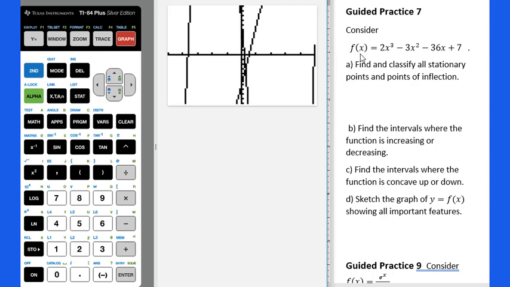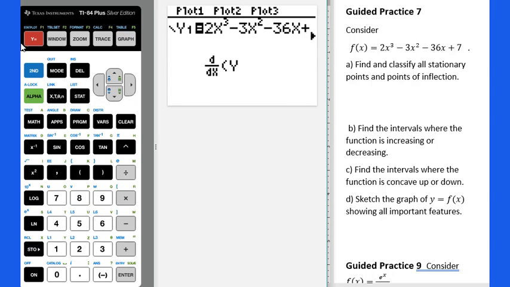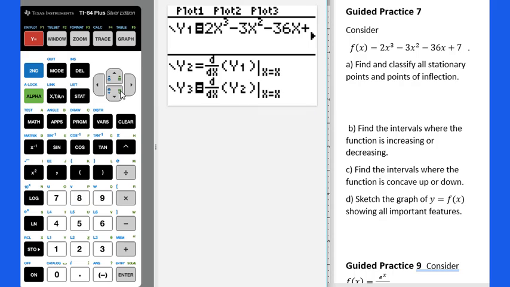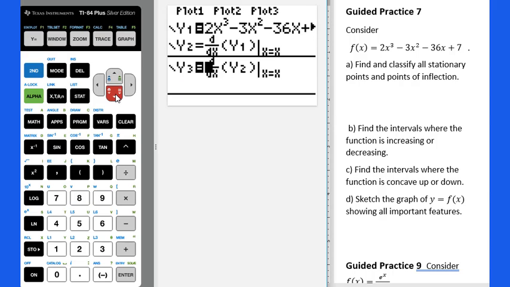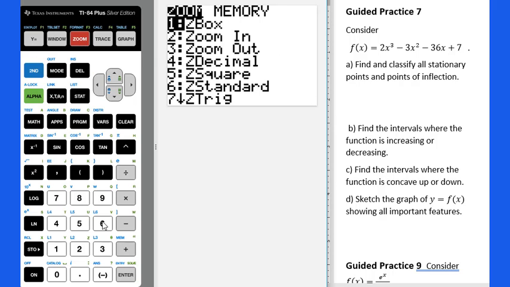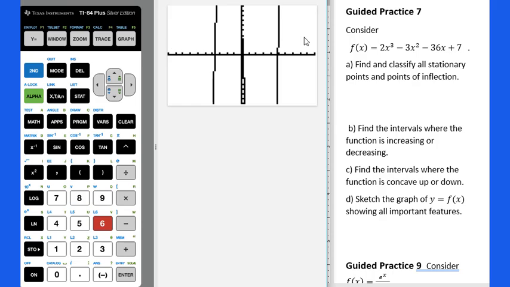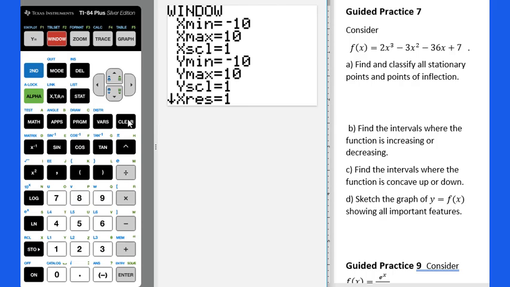Since I want to only graph y1, go to y equals and clear this second derivative. And I want the standard window. Since for maximum and minimum it's hard to see, you need to change the window.